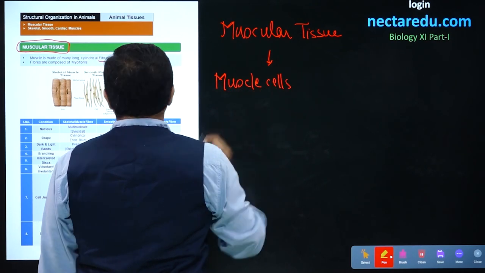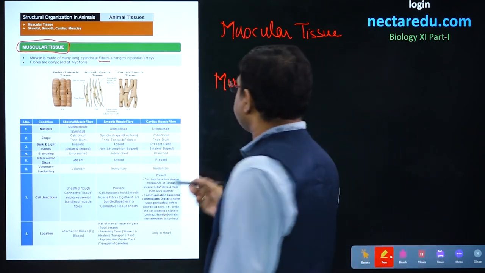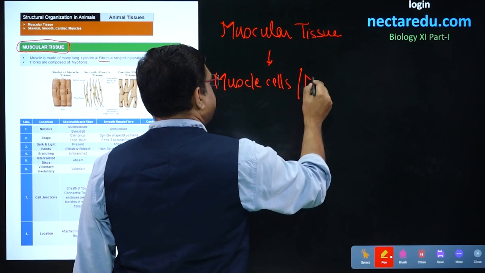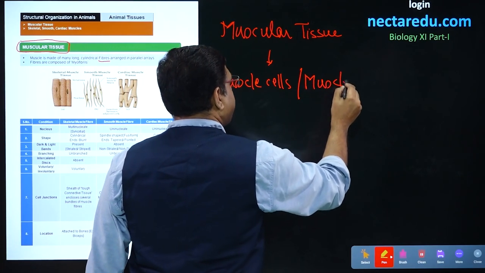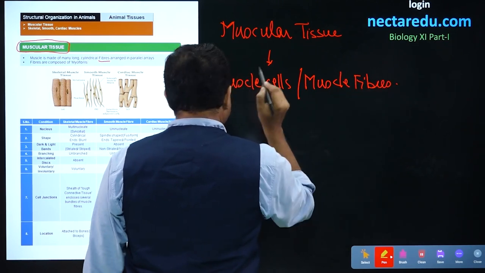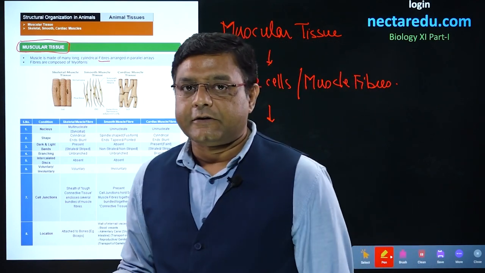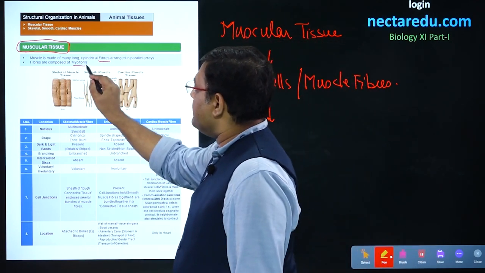Now, these muscle cells are long, cylindrical, look like fibers, and that is why we can also call them muscle fibers. Inside the muscle cell or muscle fiber, there are myofibrils.